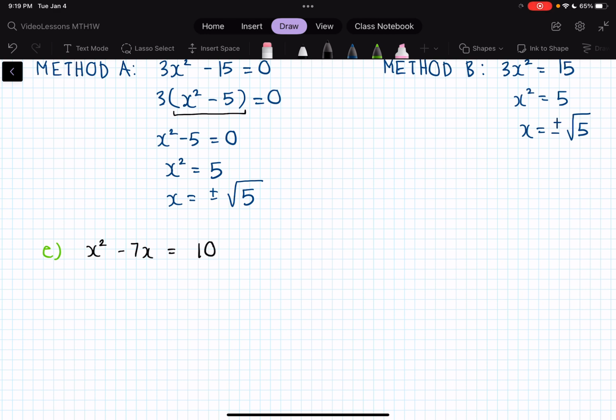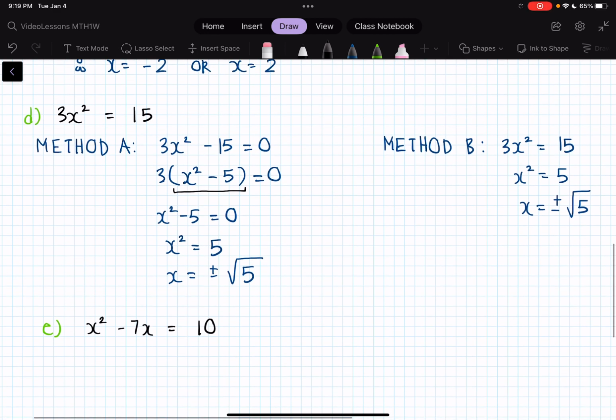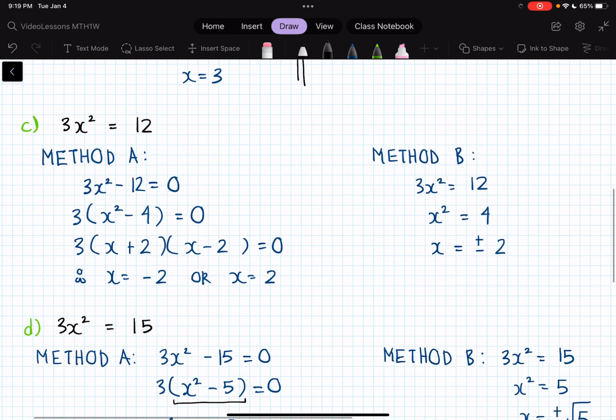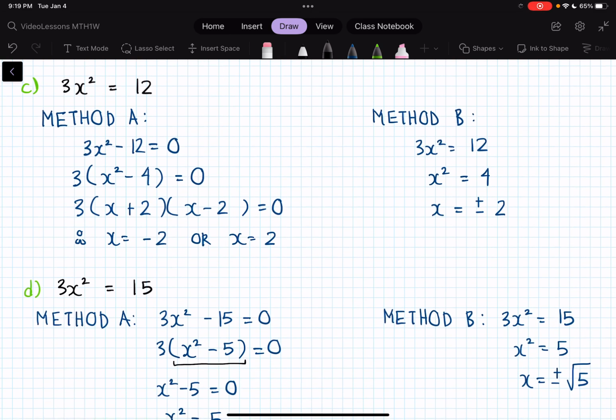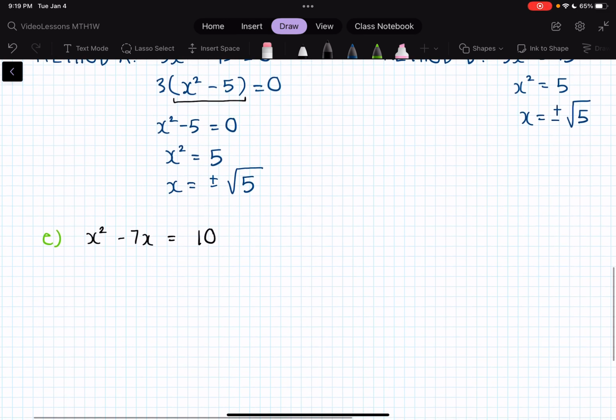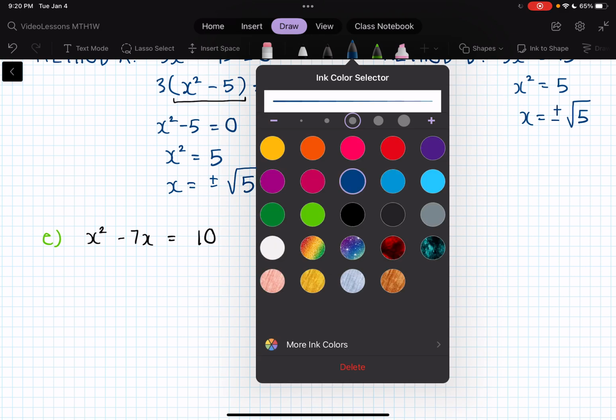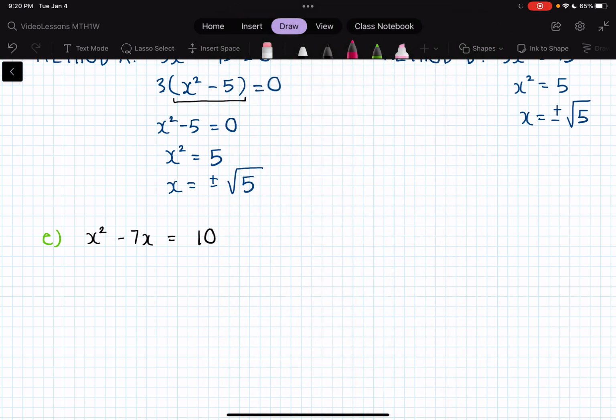Now here, we cannot do what we did in questions C and D, because if you look at questions C and D, I only had one term with the variable, okay? And it was the squared term. In question E, I have two terms that have my variables, so I cannot do what I did before. So what I have to do here is first put it in standard form.